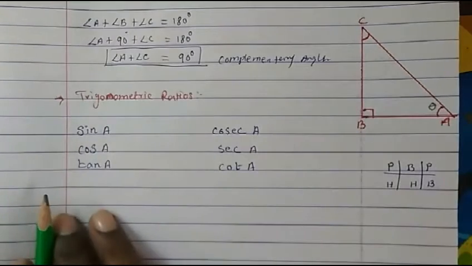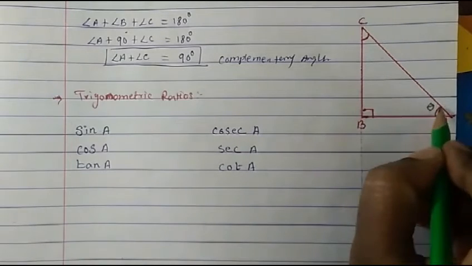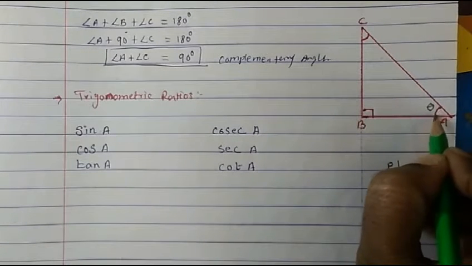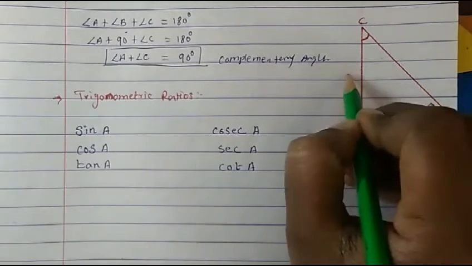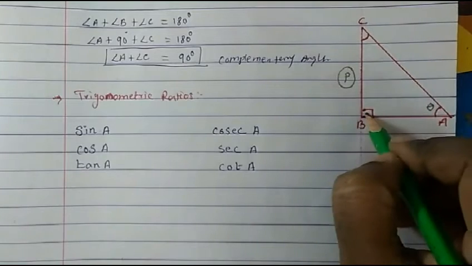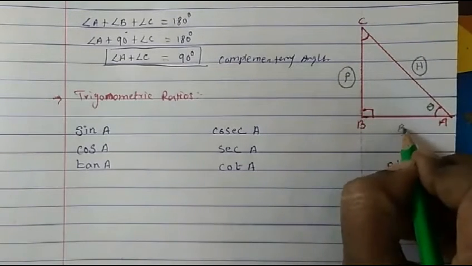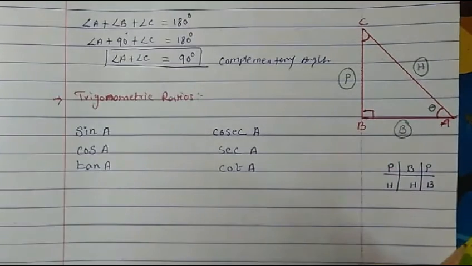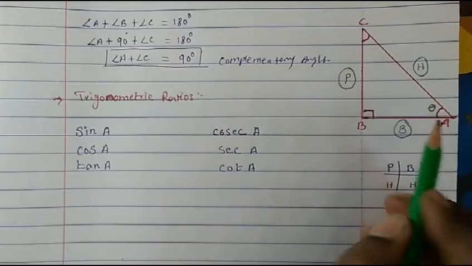Then how do we write the ratios? Opposite to theta becomes perpendicular, opposite to 90 degrees becomes hypotenuse, and the other side becomes base.